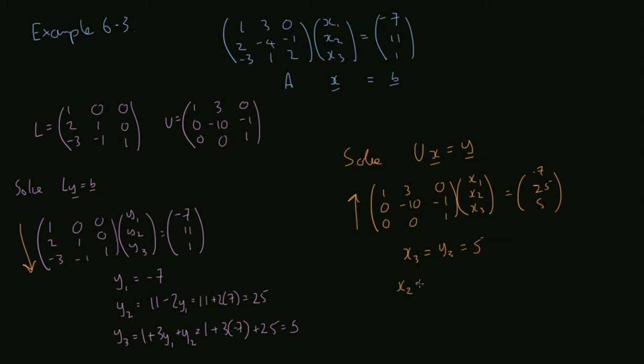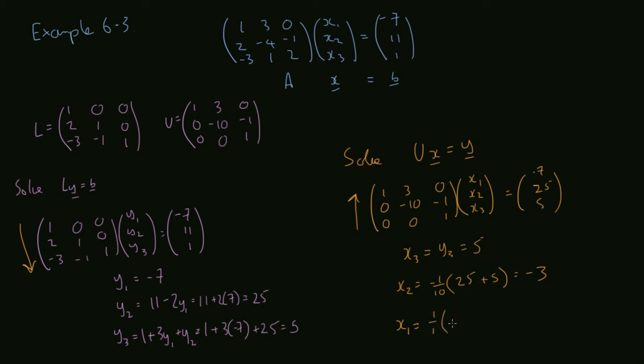For x2, the coefficient of x2 is -10, so we're going to have 1 over -10 to start with. Then we're going to have 25 minus -1 times x3, so that's going to be plus 5, so that's going to be -3. And x1: the coefficient of x1 is 1, so technically that's 1 over 1.